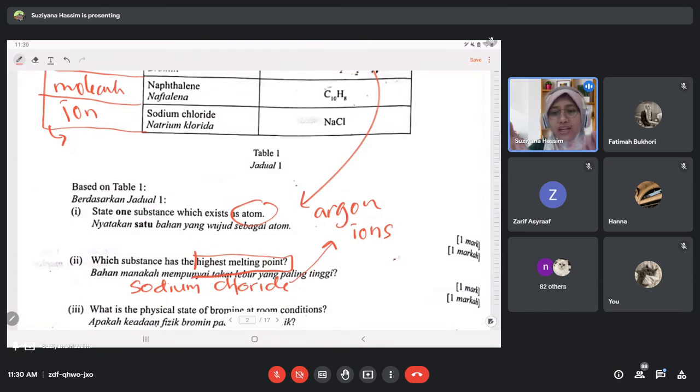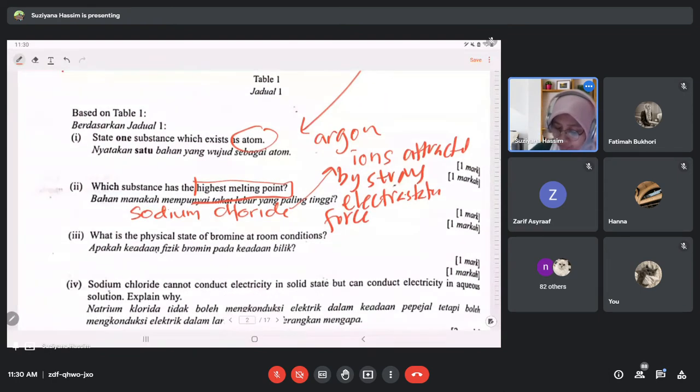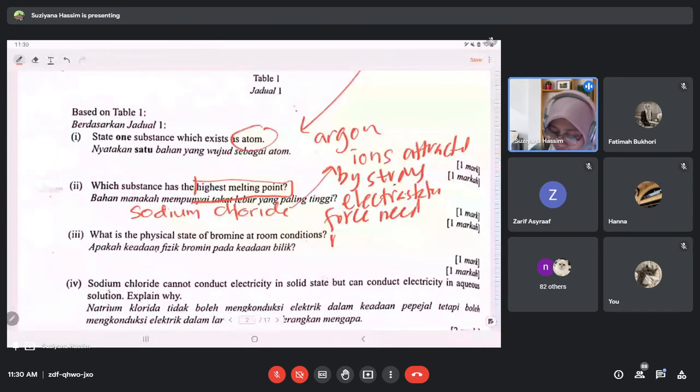Need more heat energy to overcome the forces of attraction between the ions. Okay, ions attracted by strong electrostatic force need more heat energy.